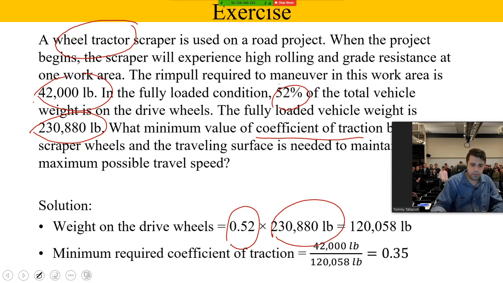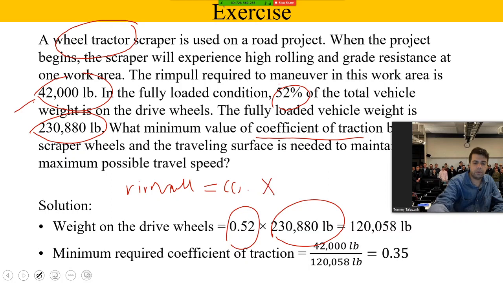So in the next part, remember RIMPL, what was the RIMPL? RIMPL was the coefficient of traction multiplied by the weight of the machine, the weight on the tires.